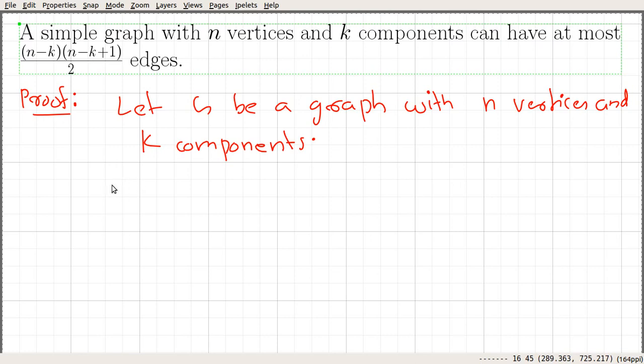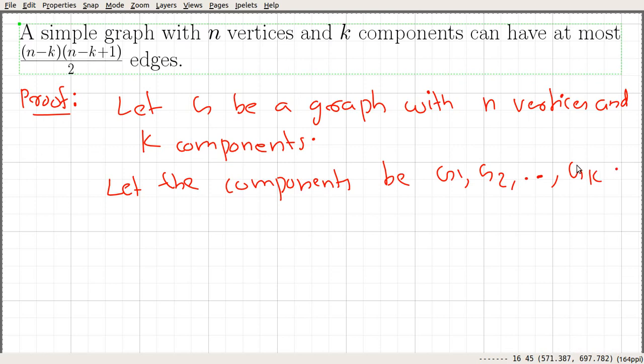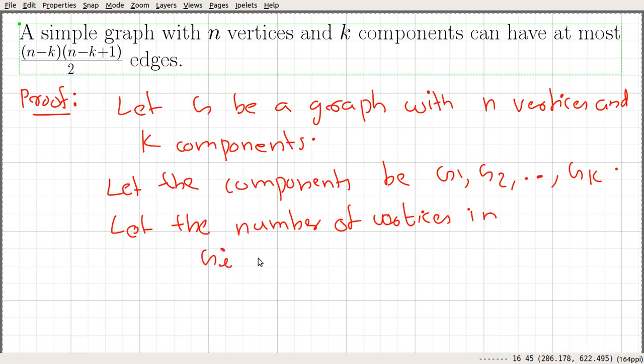Let the components be say G1, G2 all the way up to Gk, and let the number of vertices in the ith component be say ni.